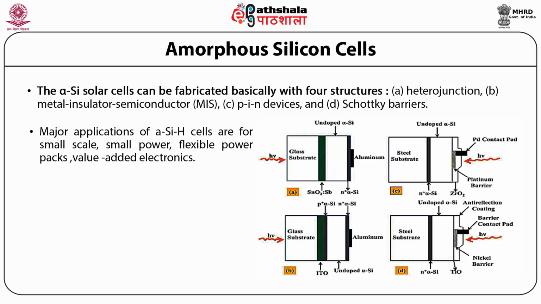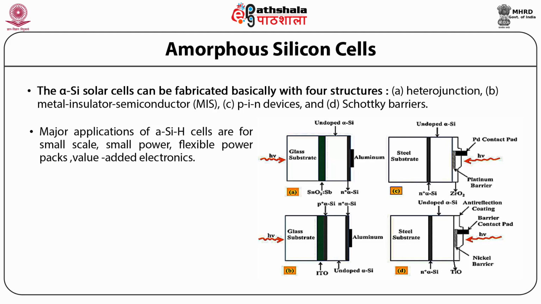This cell design provides a VOC of 0.43 volts, ISC of 10 milliampere per centimeter square, FF of 0.28 and efficiency of 1.2% under AM1 conditions.